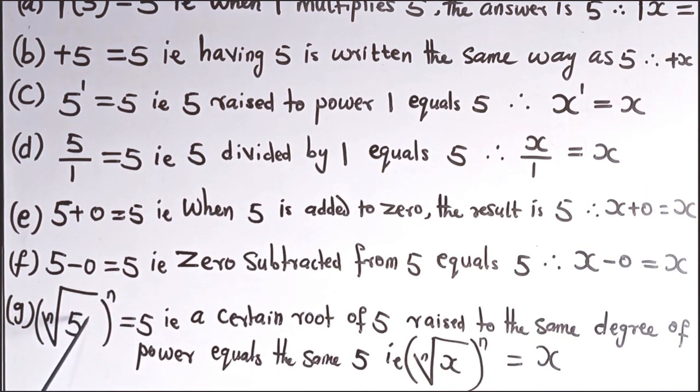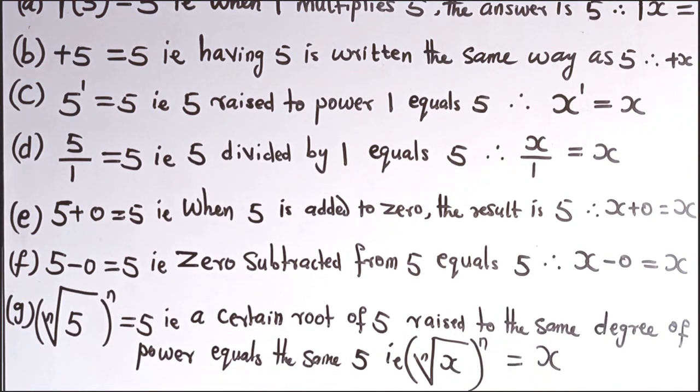The fifth root of 5 raised to power 5 will still equal 5, and so on and so forth. That is what you mean by this expression. Because of that, we conclude that the nth root of x raised to power n is equal to x.